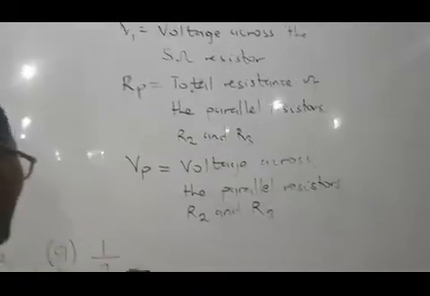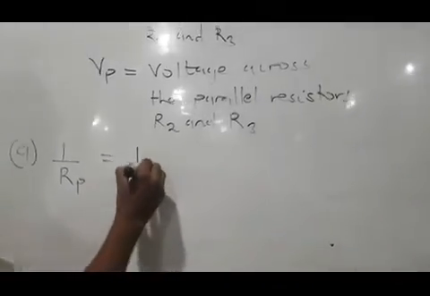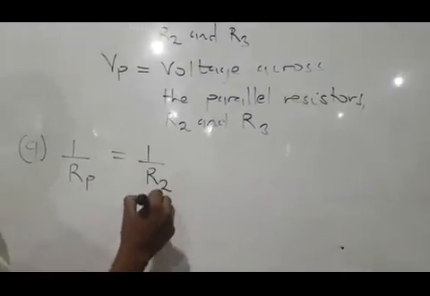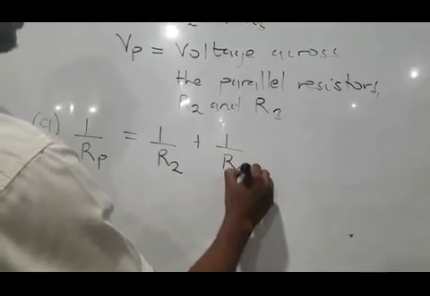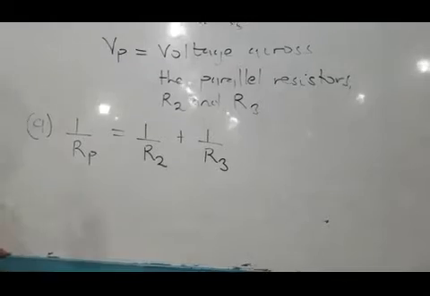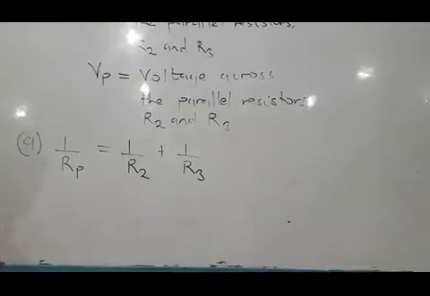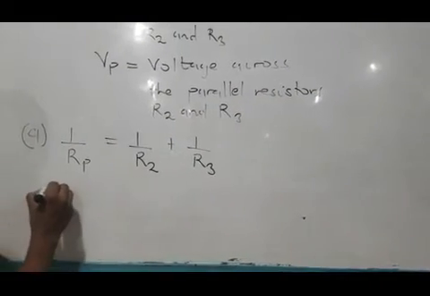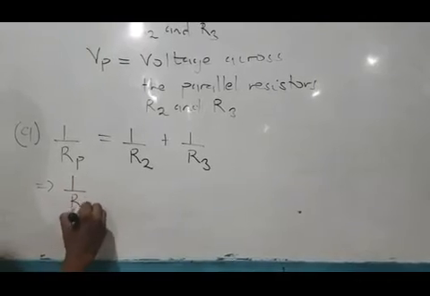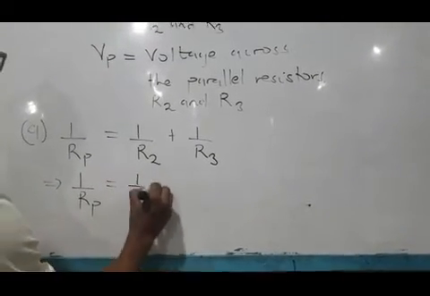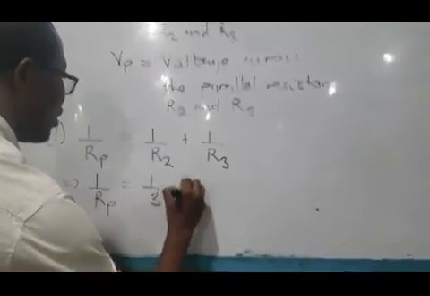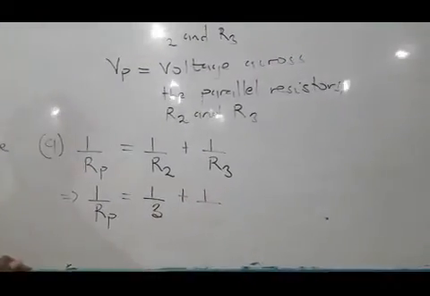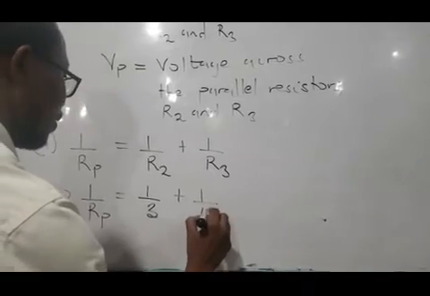So we do a substitution: 1 over RP will be equal to 1 over R2, which is 3, plus 1 over R3, which is 4.